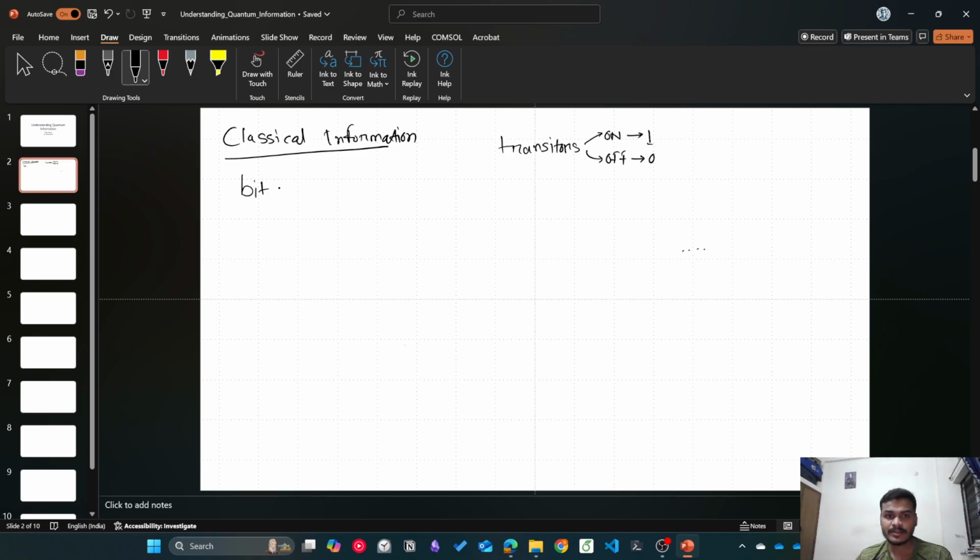So this bit, we call it a classical system, and it can have two states. One is 0 and one is 1. So this discrete state of the system is called a classical state.